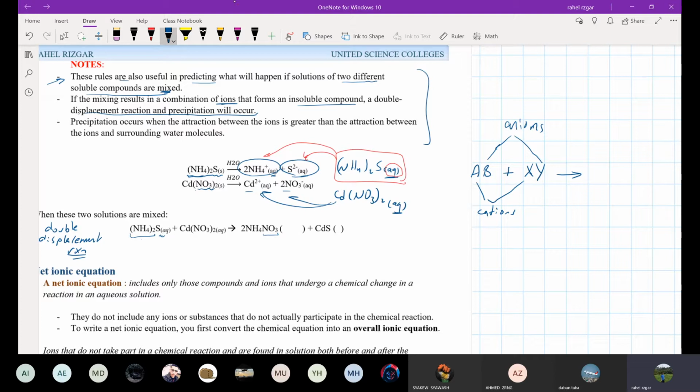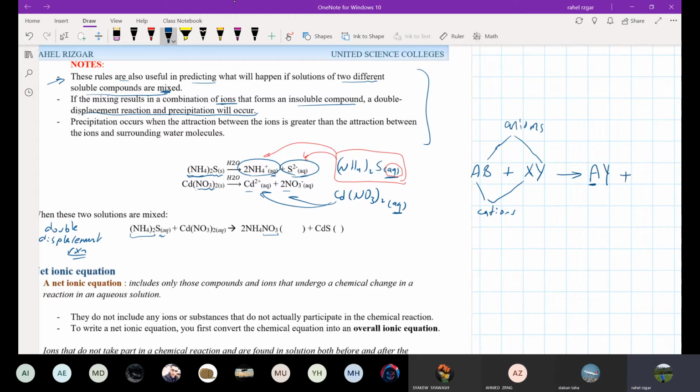What will come out of the reaction? The A will react with the Y, because A is a cation and we always write the cation on the left. So it becomes AY, always. See, cations are on the left.